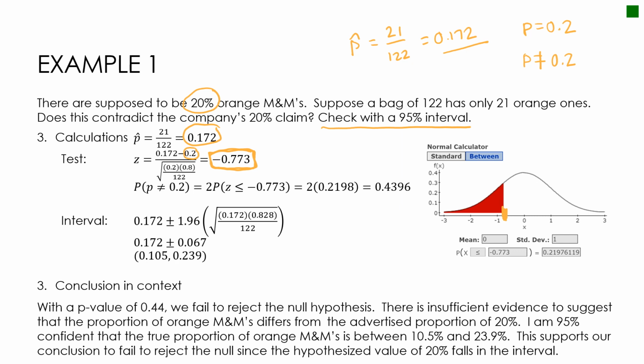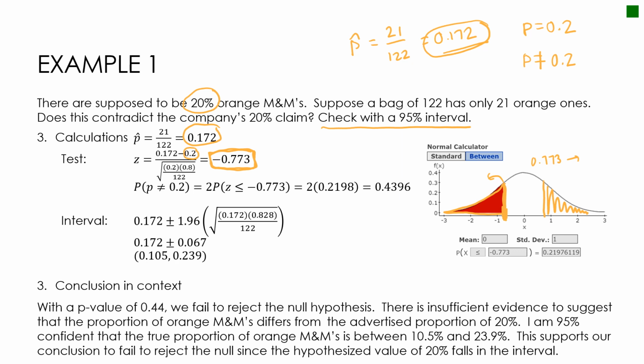When I'm finding my probability, I want the probability that I get a z-score of negative 0.773 or less, which means an observed value of 0.172 or less. Or, because it's not equal to, I also want this area over here, which would be a z-score of positive 0.773 or more, which would be an observed value of, I don't know, it doesn't really matter, or more.